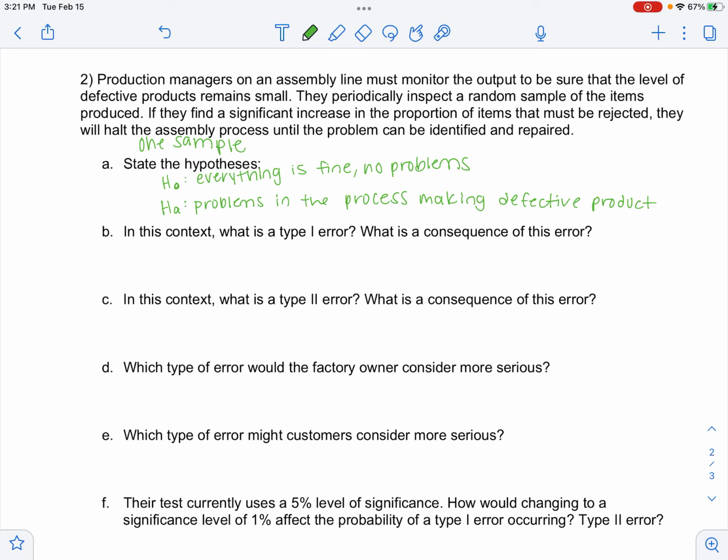So in this context, what is a type 1 error and what is a consequence of that? So remember, a type 1 error is when we reject the null, but the null is true. So that means that a type 1 error would be that everything is fine, but we find convincing evidence that there are problems in the process.